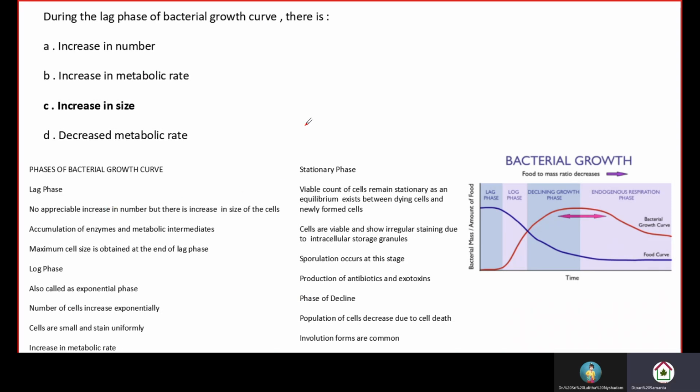First of all, the growth cycle or growth phase of the bacteria. These are classified into how many phases? First of all, lag phase. Number two, log phase. Number three, stationary phase.